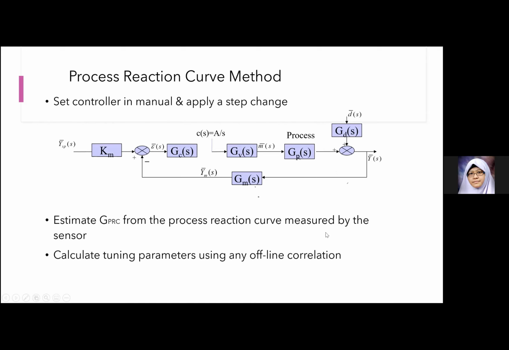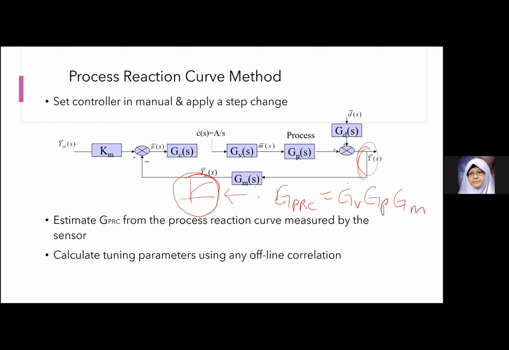Whatever it is, you cannot measure it here because there's no sensor, so most of the time you will measure it at the sensor. Whatever you measure, you estimate from the curve here, we call it GPRC, G process reaction curve, which covers 3 transfer functions: GV, GP, GM.